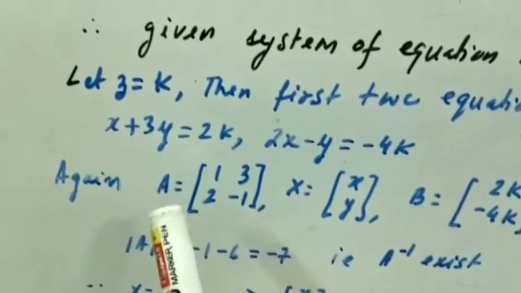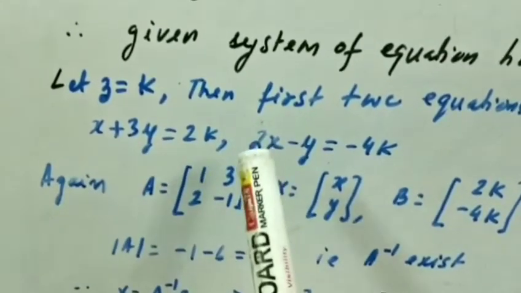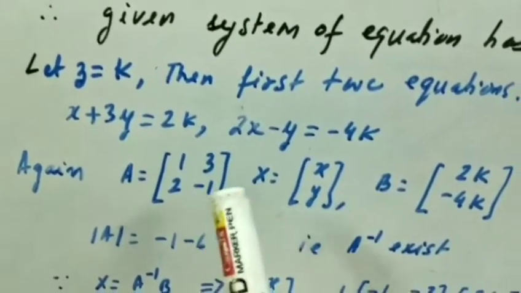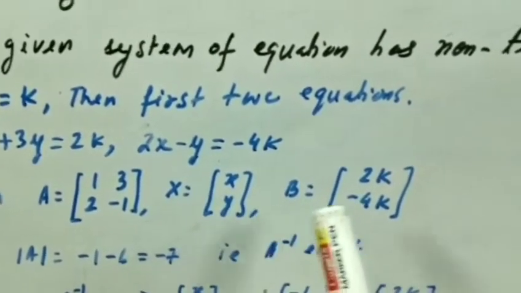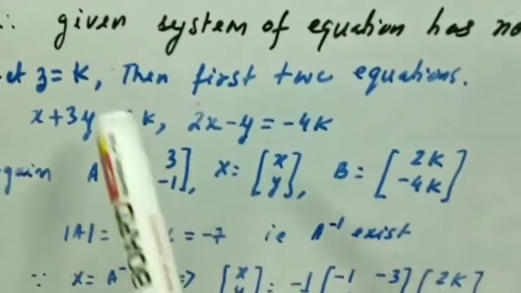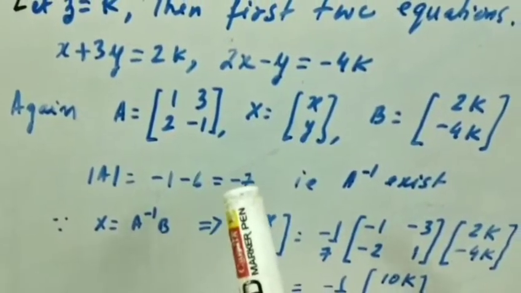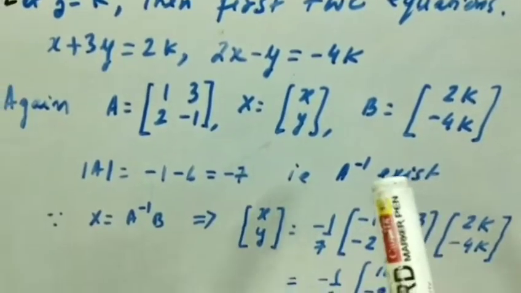Again, I get a coefficient matrix: 1, 2 as coefficients of x, 3 and minus 1 as coefficients of y. I get a variable matrix and a constant matrix in terms of k: 2k and minus 4k. Determinant of A is minus 7, which means A inverse exists.